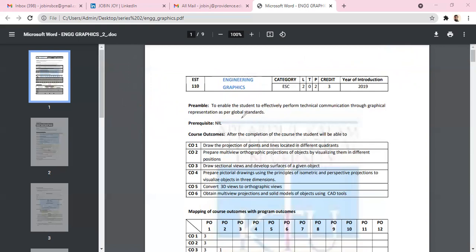So the main aim of this subject, Engineering Graphics, is to enable the student to effectively perform technical communication through graphical representation as per global standards.